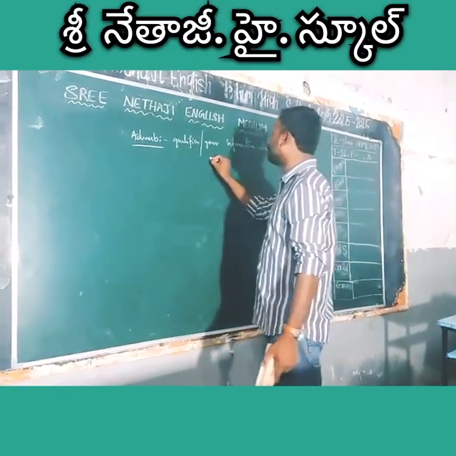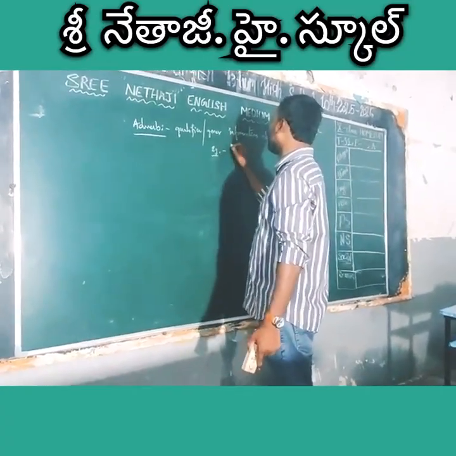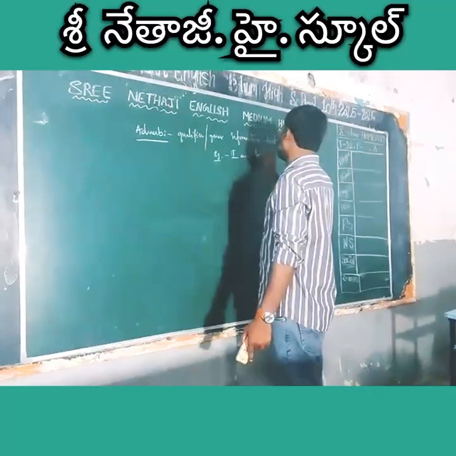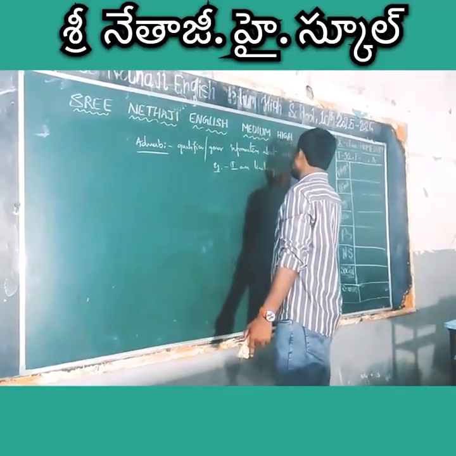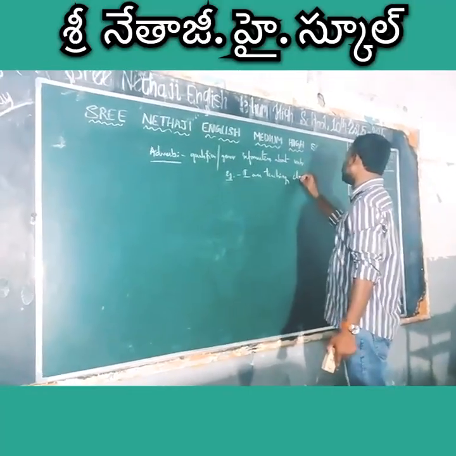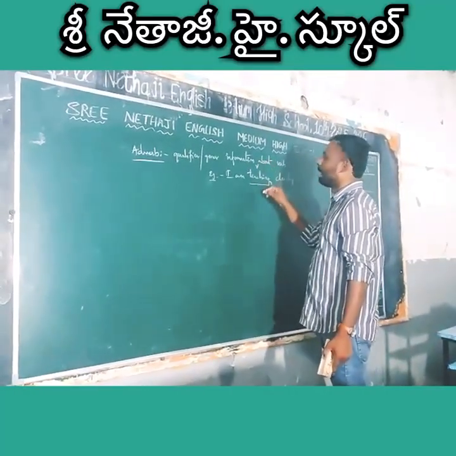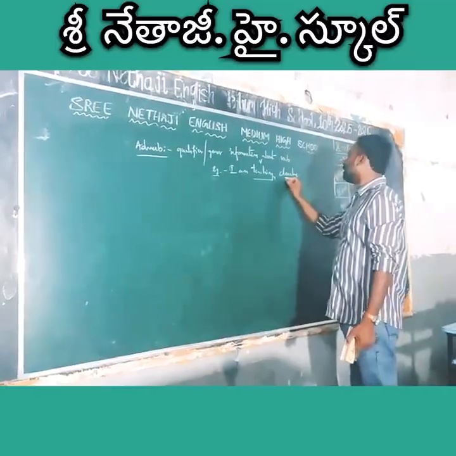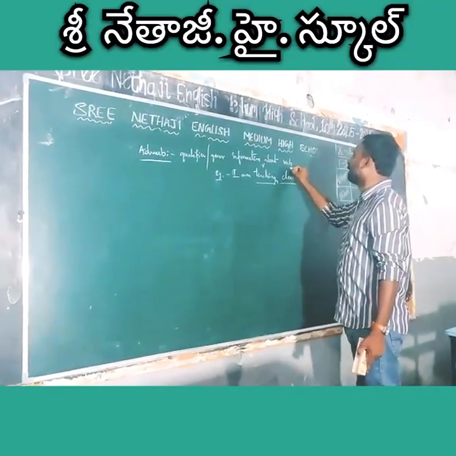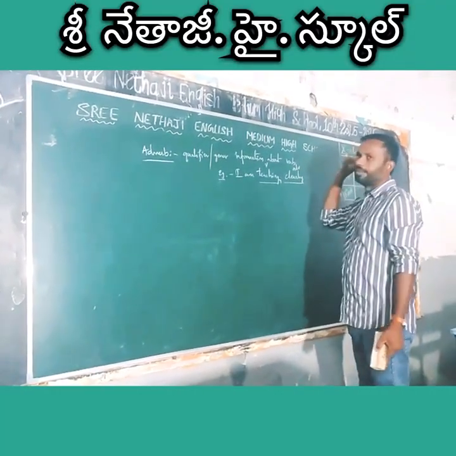For example, I am teaching clearly. So teaching is verb. How the teaching is done? Which is clearly, therefore clearly becomes adverb.